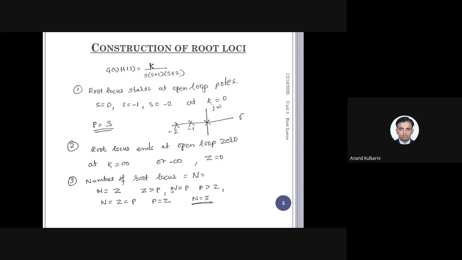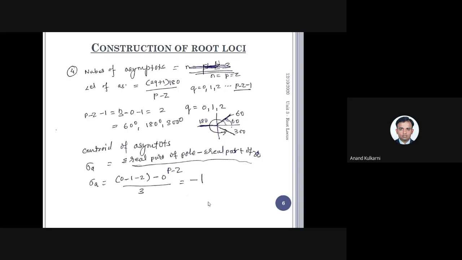In our problem there are 3 poles and 0 zeros, so the number of root locuses N will be equal to 3. This is the third important point. Then the next important point, rule number 4, number of asymptotes.